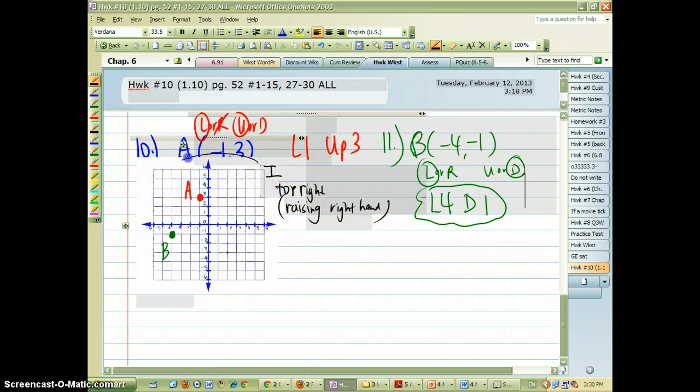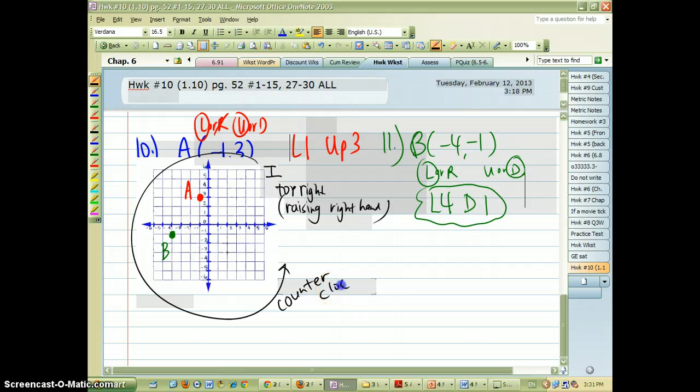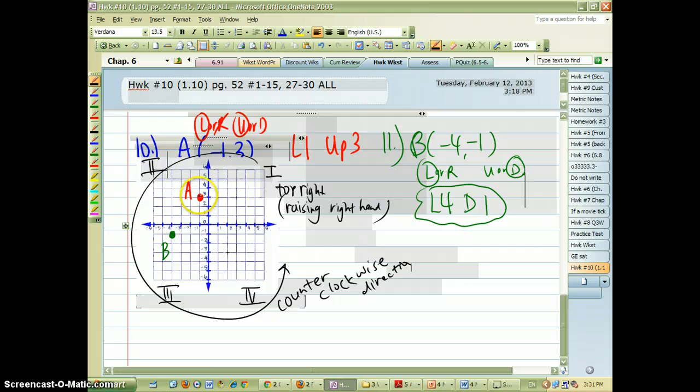And then you always travel in a counterclockwise direction. So that's why quadrant 2 is in the top left corner, quadrant 3 is in the bottom left corner, and quadrant 4 is in the bottom right corner. So A is in quadrant 2, B point is in quadrant 3.